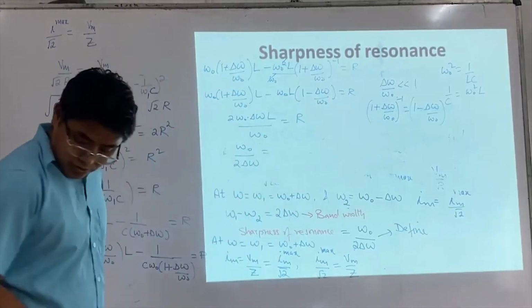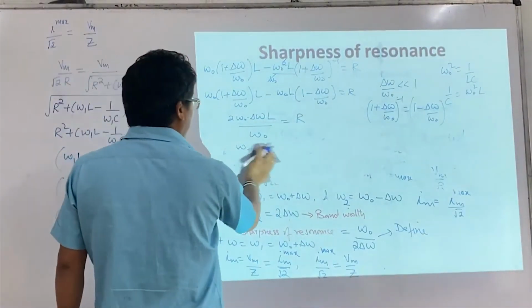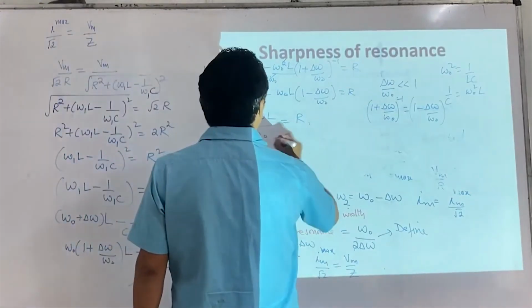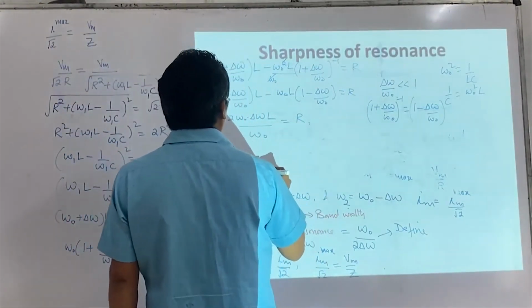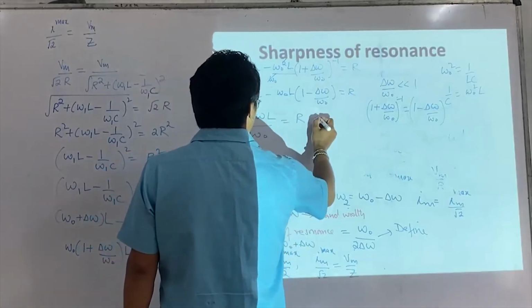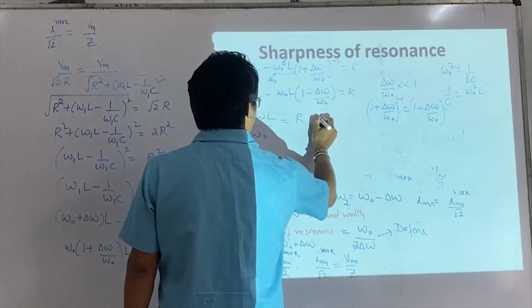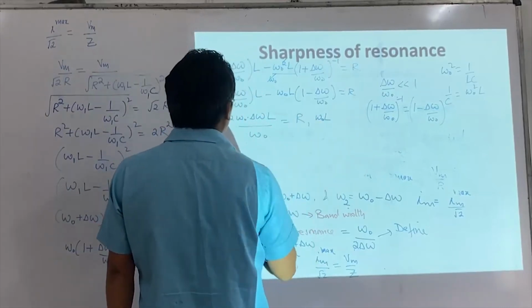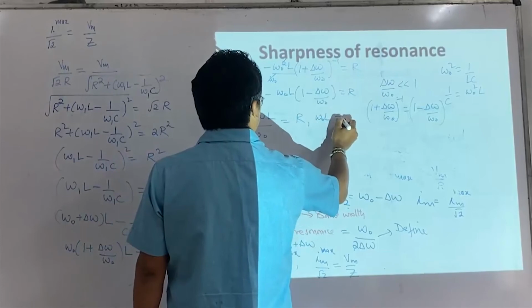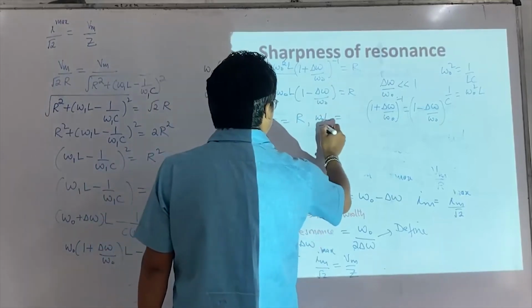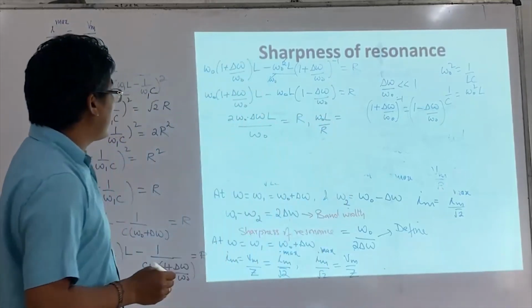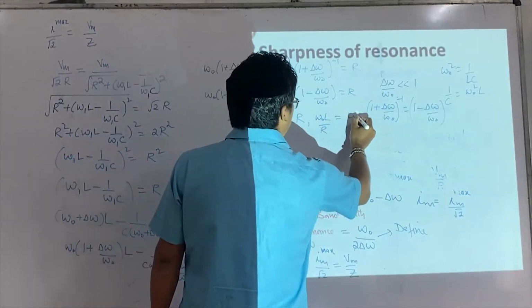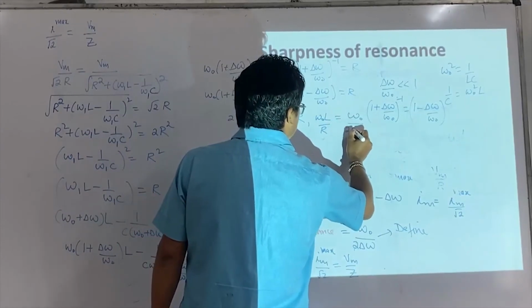Maybe for your better understanding, I just write this: omega naught L divided by R, which is equal to omega naught divided by 2 delta omega.